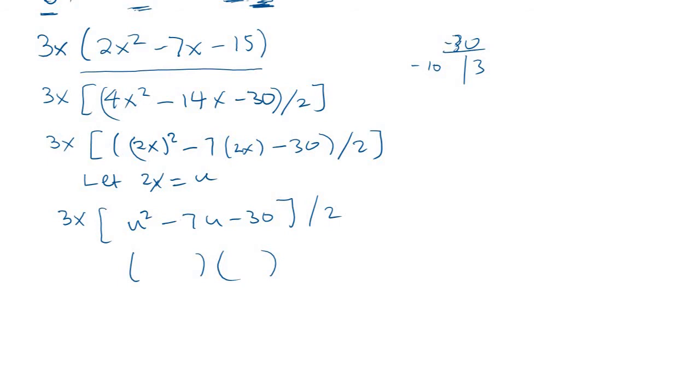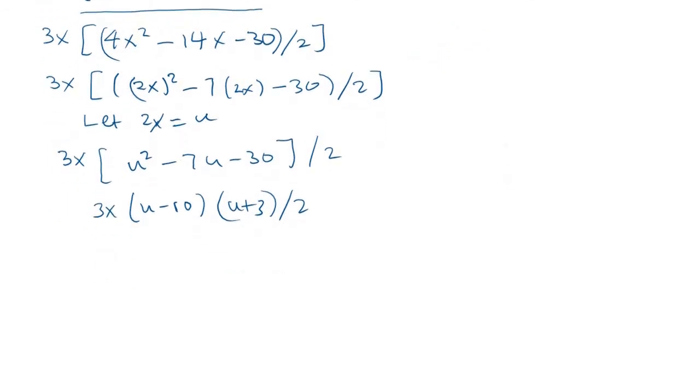Negative 10 times 3 gives negative 30, and negative 10 plus 3 is negative 7. So u minus 10 and u plus 3 will be the u factors. So I'll put the 3x there and then divide by 2, which I multiplied with at first. Now I am going to replace the u with 2x.